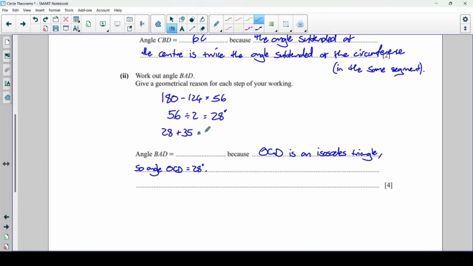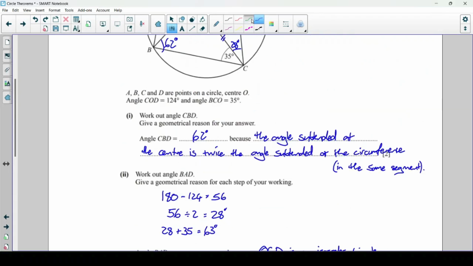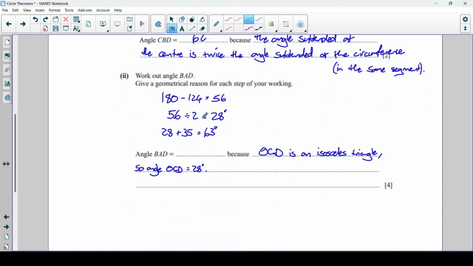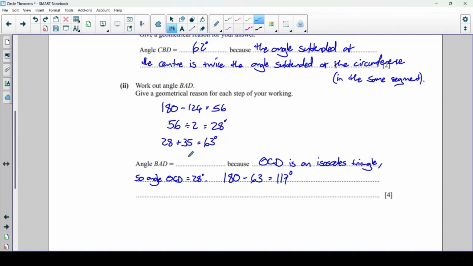Okay, so 63. So this whole thing here is 63 degrees. And then I'm going to do 180 take away 63. And that's equal to 117. So that's what angle BAD is.